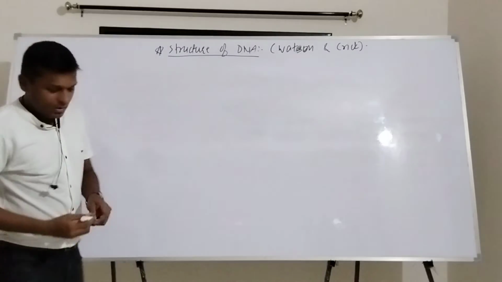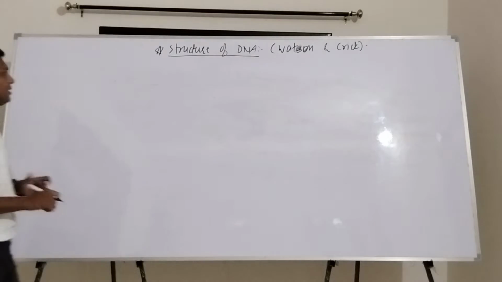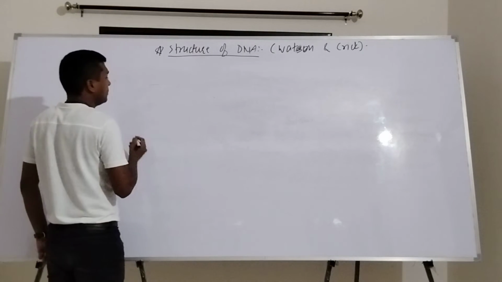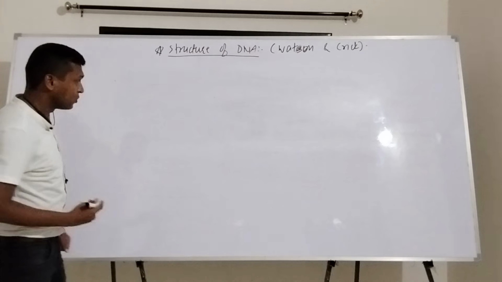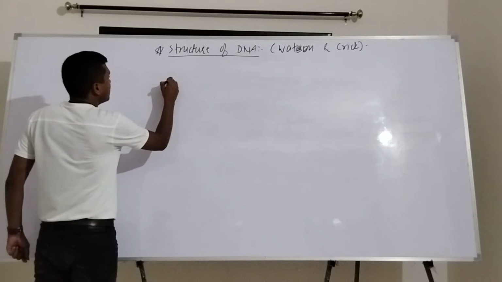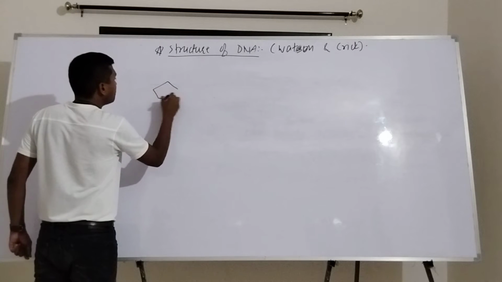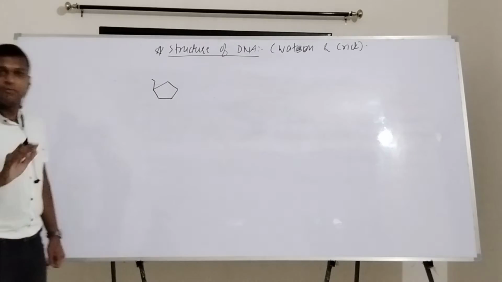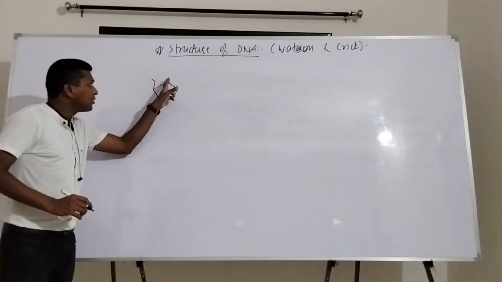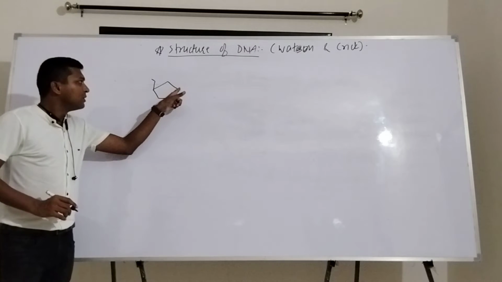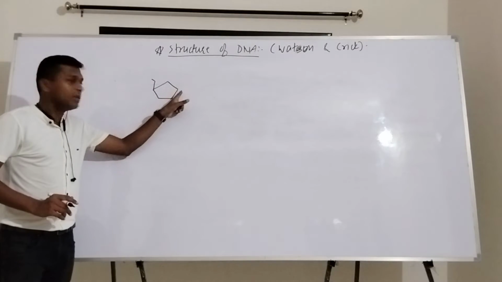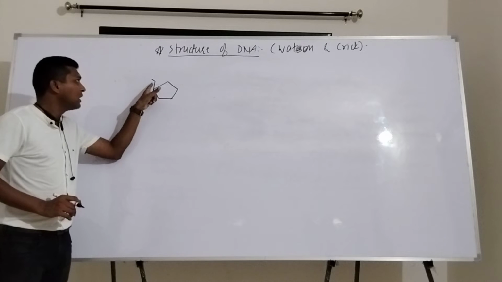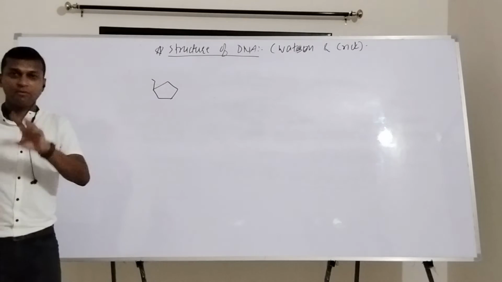Now, for example, the deoxyribose sugar can be represented like this. For your information, at the top of this there is oxygen. This is considered carbon atom number 1. This is 2, 3, 4, and this one is considered carbon atom number 5.